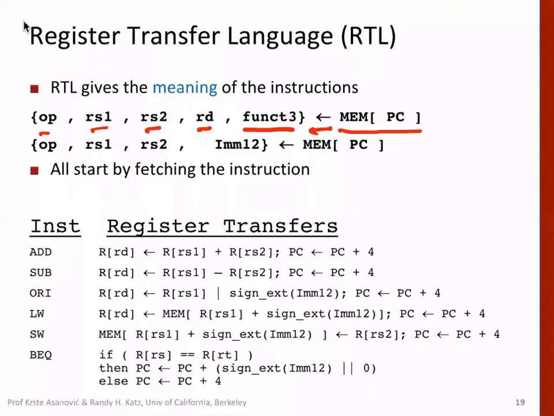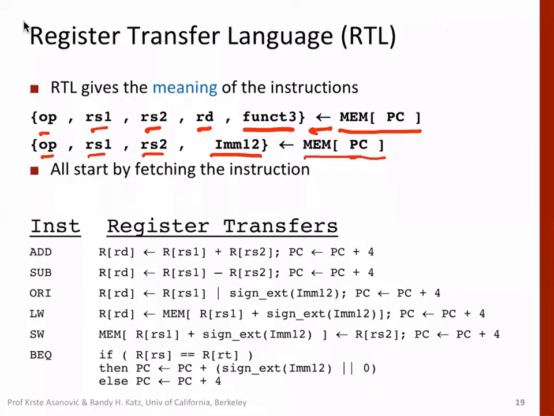Similarly, you can have the memory location given by PC holding an instruction which has an opcode field, RS1, RS2, and immediate field. So an immediate kind of instruction. And using this language, we can define various instructions.